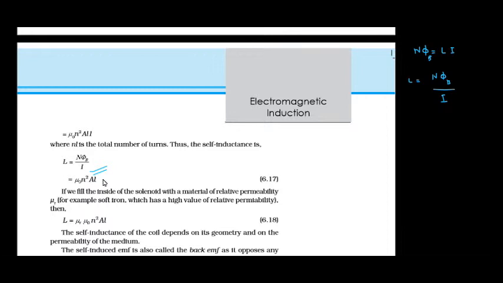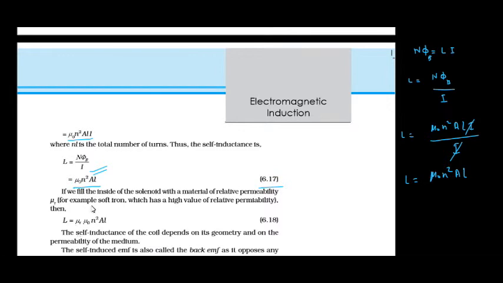Instead of N phi B, we can write mu naught n square A l I. So if we write L is equal to mu naught n square A l I upon I, I gets cancelled, then L will be equal to mu naught n square A l, and this is the value which we get in equation 6.17.